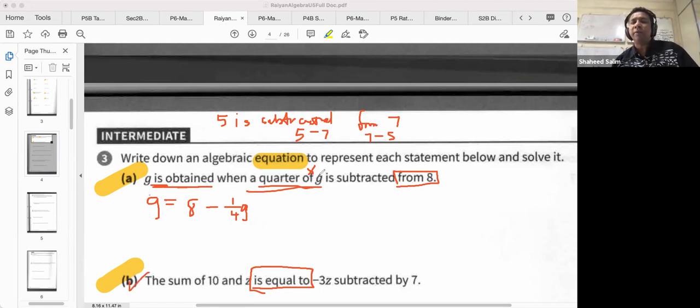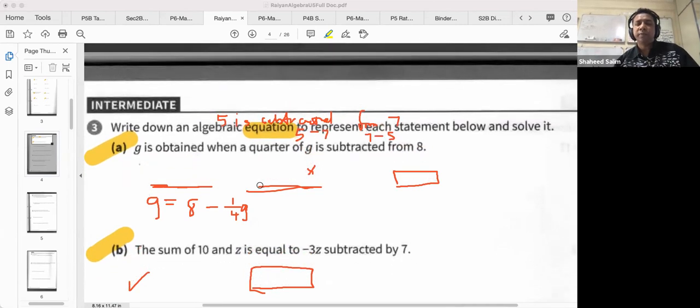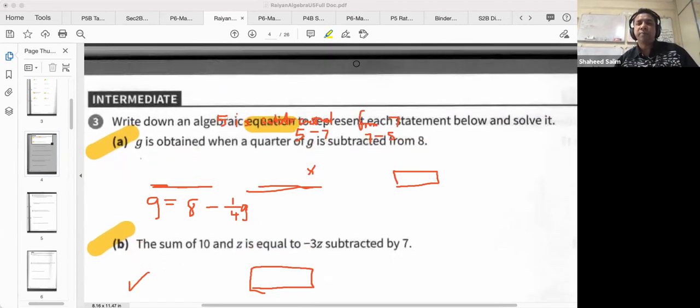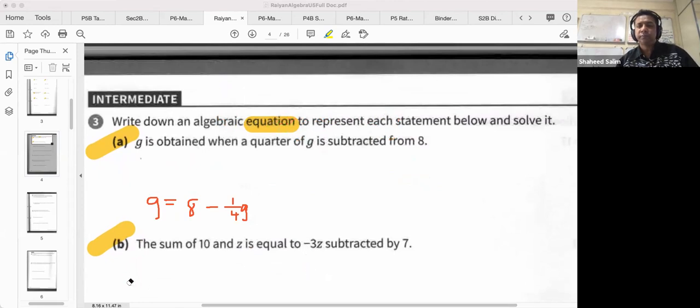You try to give me what the equation is in B. You can send me, take a photo, send it to me. Your equation must have an equal sign.